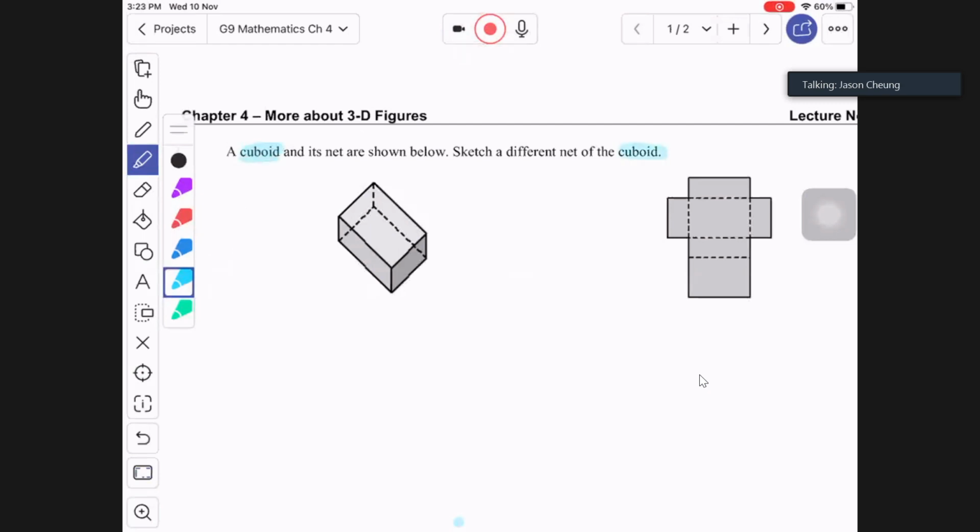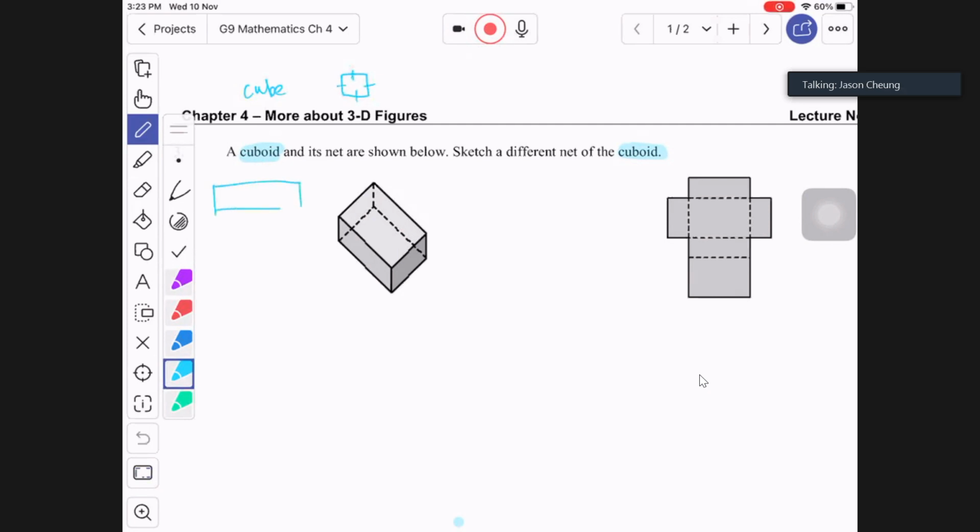Cuboid. Yes, which means that a cuboid looks like a cube, but for the cube, the base is a square. But here for a cuboid, the base is a rectangle. All right.